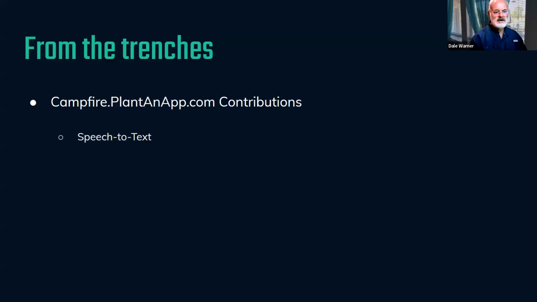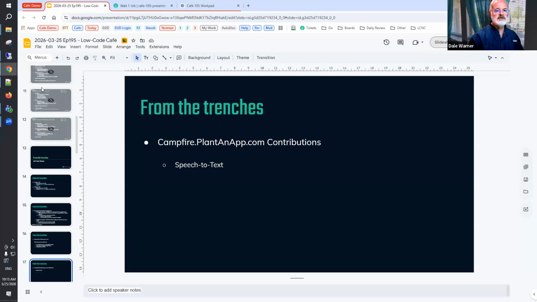There is a website where we put a lot of examples. It's called campfire.plantanapp.com, and this is a website that goes along with our other weekly event, Fridays at 10 a.m. Central Time, where we talk about very practical techniques interactively in our Campfire meeting. But then this website is a place where we record all of those, and so there's a new contribution there.